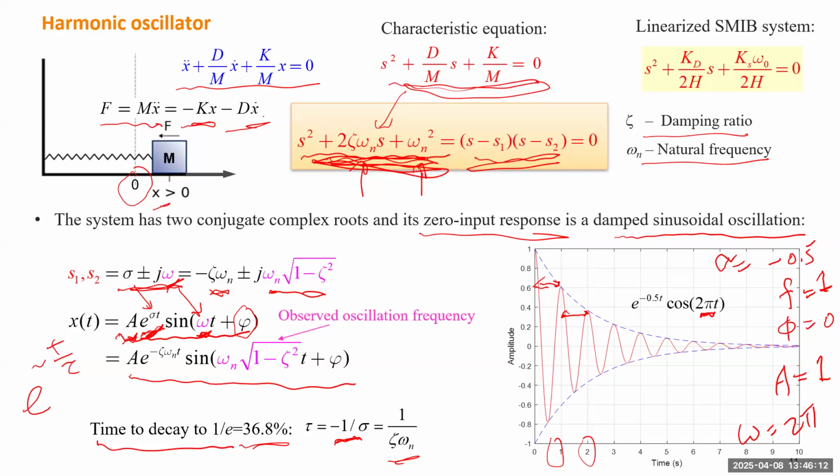So every 1 second it goes to the peak again. So omega here is the angular frequency, which means frequency will be omega divided by 2 pi. For this case, f is 1, so omega will be 2 pi.